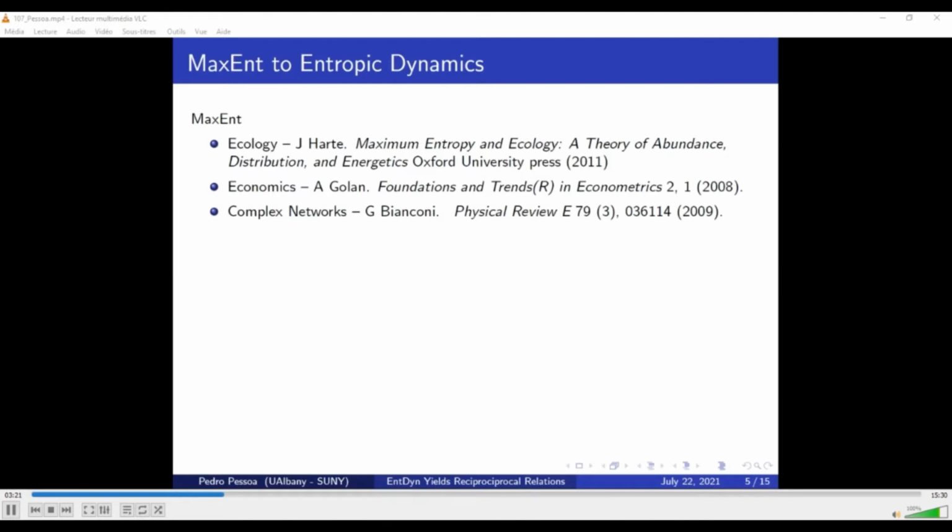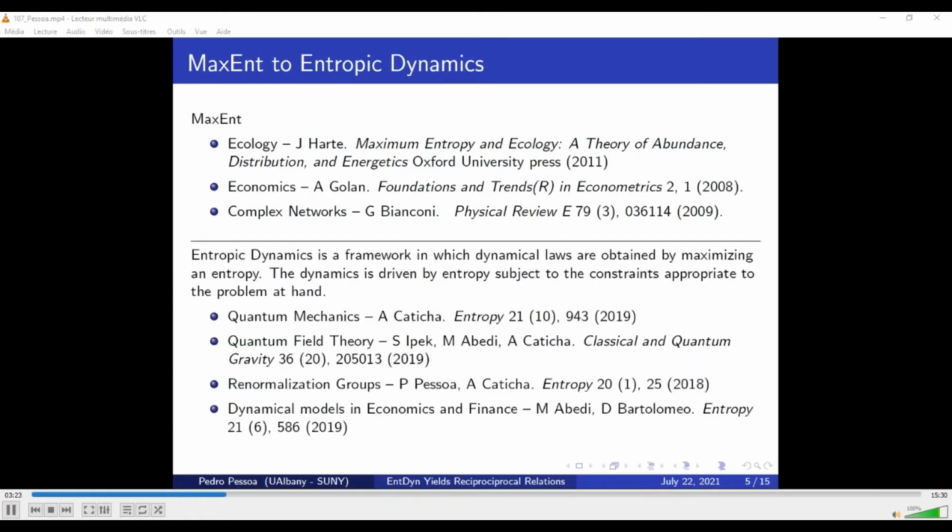Now, these applications of MaxEnt are on static models. The question we address here is whether we can develop MaxEnt into a dynamical model. That's where entropic dynamics comes in. In entropic dynamics, we find the dynamical system through the maximization of entropy.